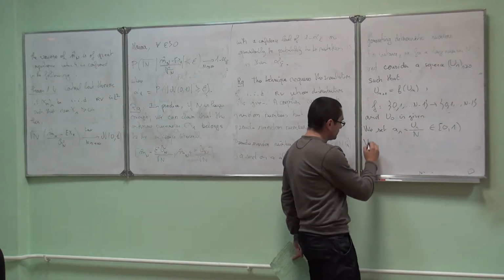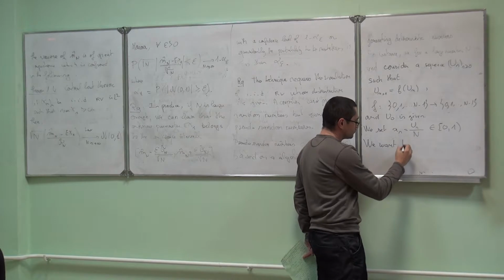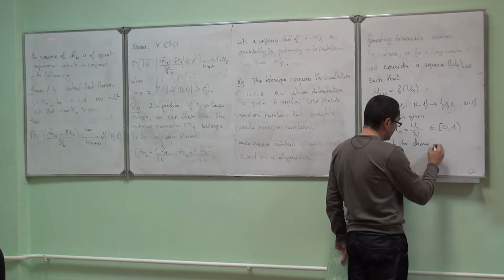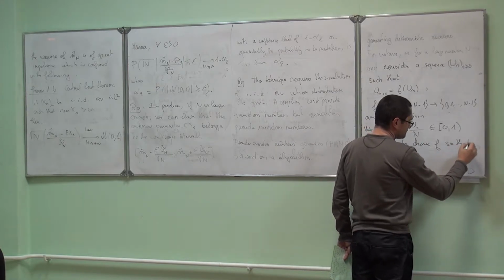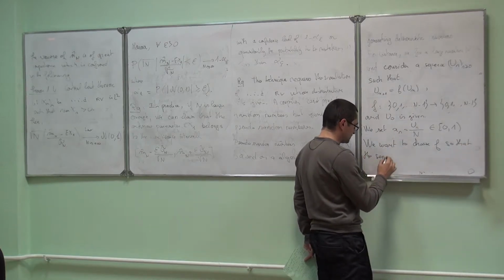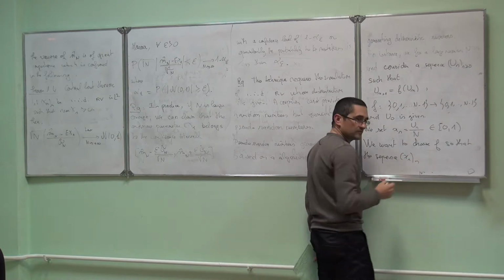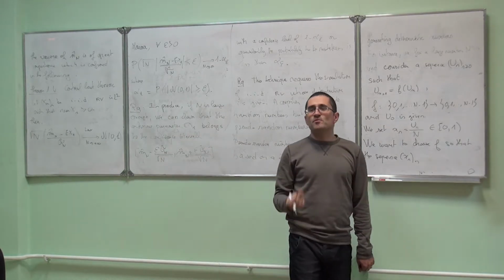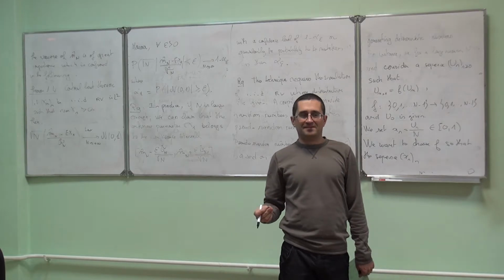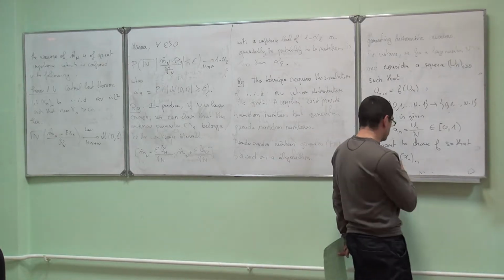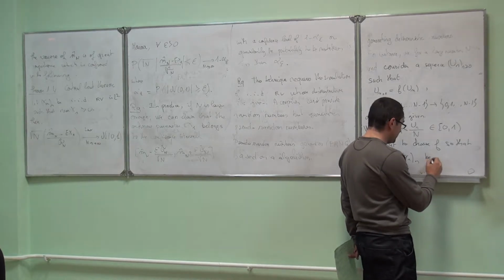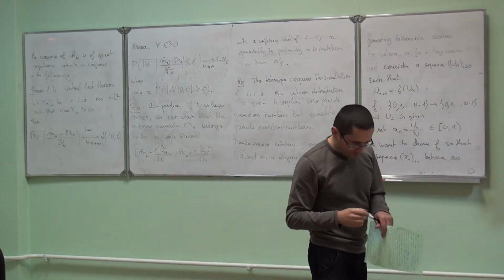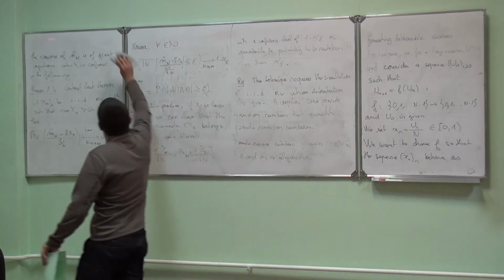What we want is to choose f so that the sequence X_n behaves as uniformly distributed numbers on the interval [0,1]. Okay, this is the first step.